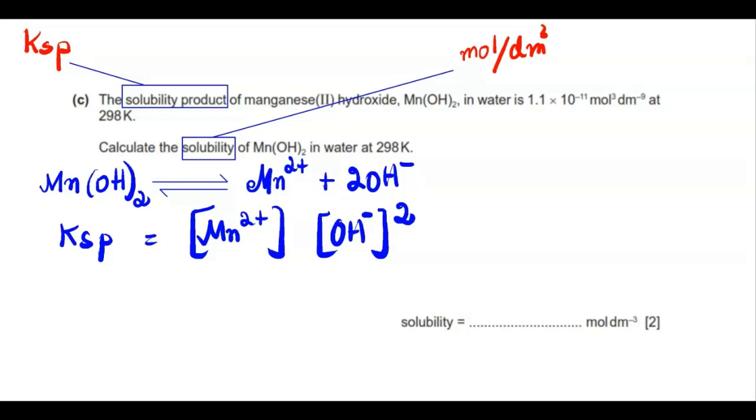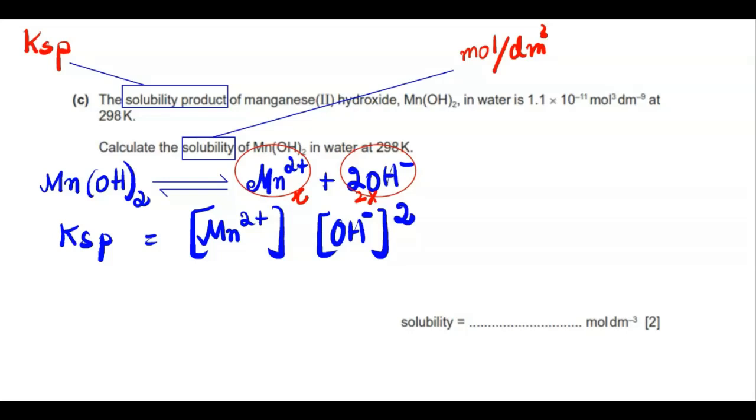Now you need to calculate solubility. It means you need to know the dissolved part. The dissolved part is these ions, the concentration of magnesium ion and the concentration of hydroxide ion. But you don't know the concentration of magnesium and hydroxide ion. So let's suppose if magnesium is x, hydroxide is 2x.